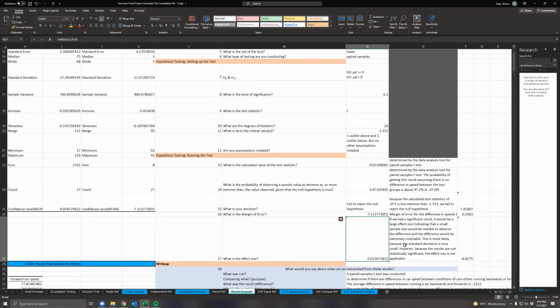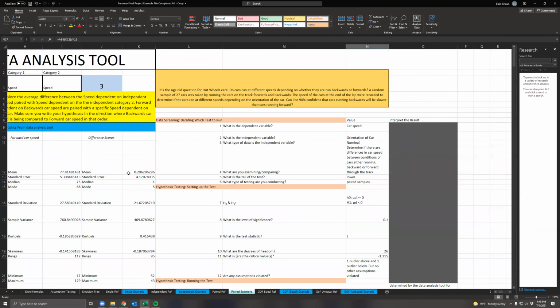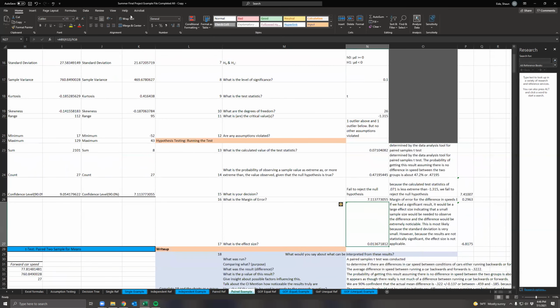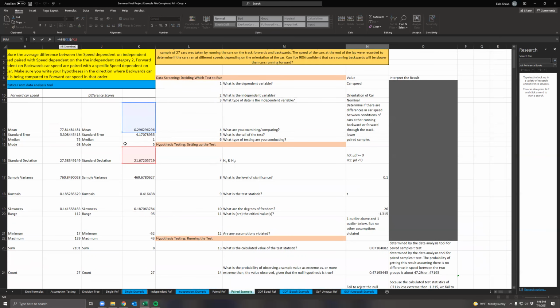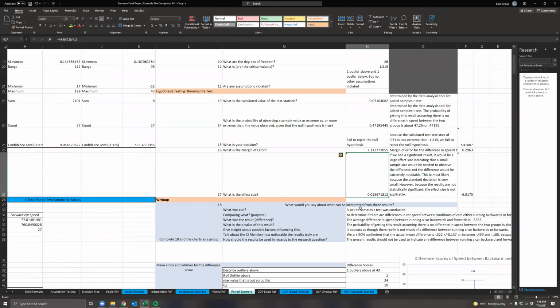The mean is 0.2962. So we've got 0.2962 divided by the standard deviation, which is 21.67. Okay. Which gives us an effect size of 0.0136.